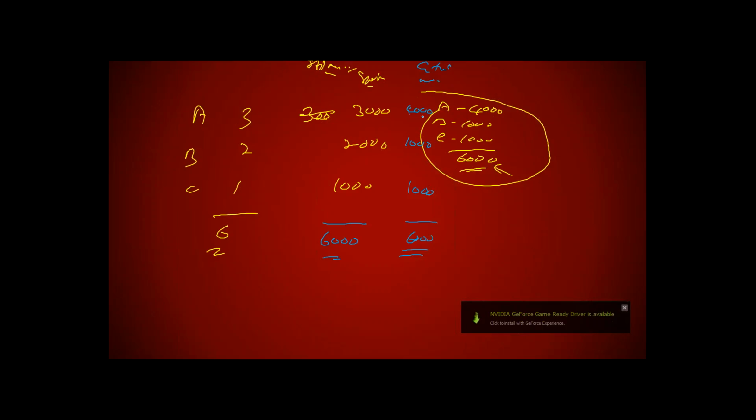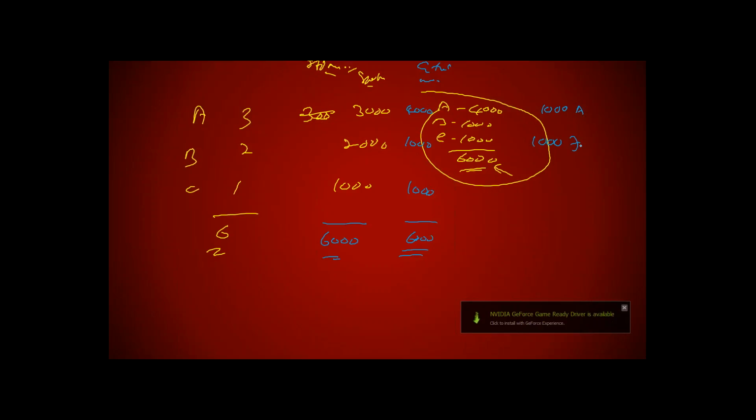Bad by how many units? 1,000 units bad. 1,000 over, 1,000 adverse. What about the B? B is good. That is again 1,000, 1,000 favorable.